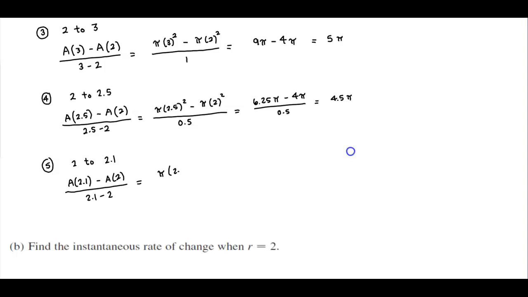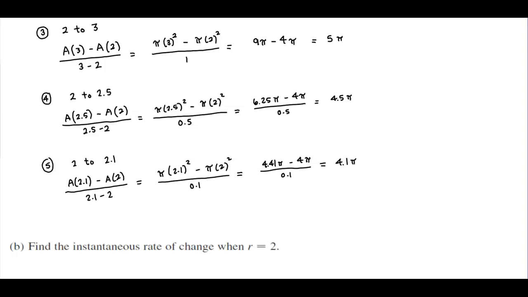So that's pi times 2.1 squared minus pi times 2 squared divided by 0.1. And so we would get 4.41 pi minus 4 pi over 0.1, which gives us 4.1 pi.